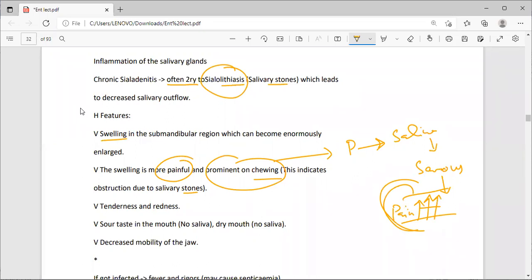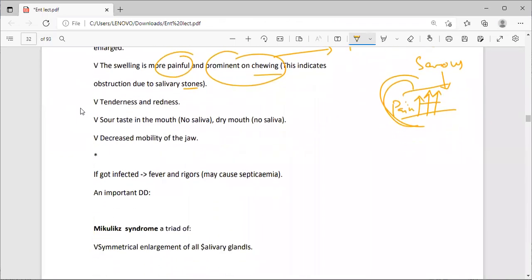It is prominent on chewing and painful. There is obstruction due to salivary stones, tenderness and redness, a sour taste in the mouth. Dry mouth with no saliva is basically in acute sialadenitis, which is post-surgical.